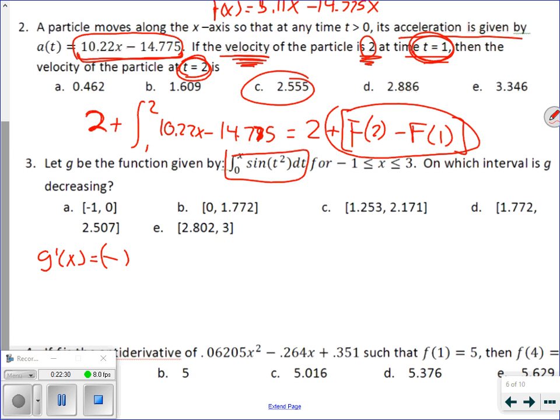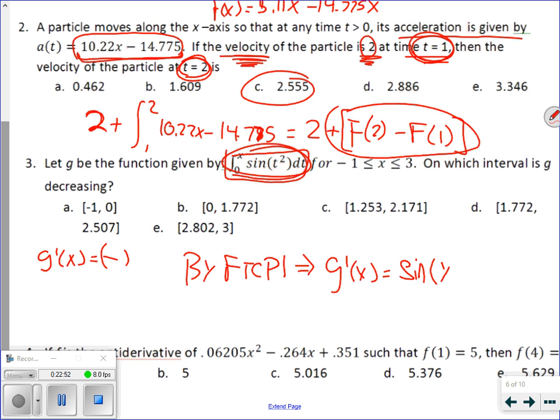So why not take the derivative of this and figure out when it's negative? So by FTC part 1, g prime of x is equal to, we're taking the derivative of an integral. We know from yesterday's lesson, that's just going to be what we started with, sine of x squared.